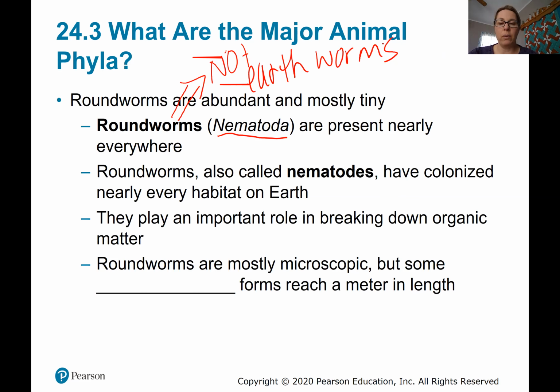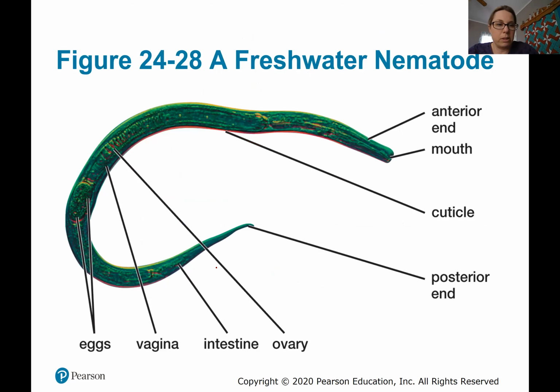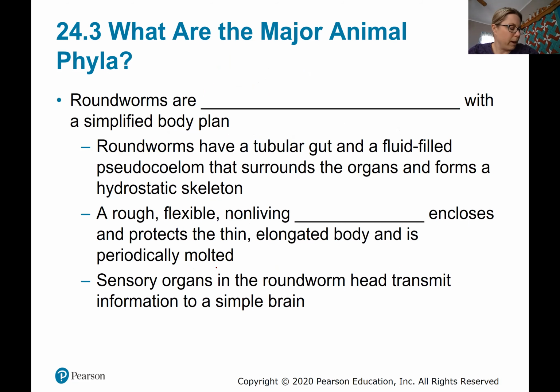They break down organic matter. They're really good with recycling. And then some of them, the most prominent ones that you may know of, or that we typically know of, are parasites. And they can be about 3 feet long. Okay, so there's a picture of a nematode. Roundworms are pseudocoelomates.